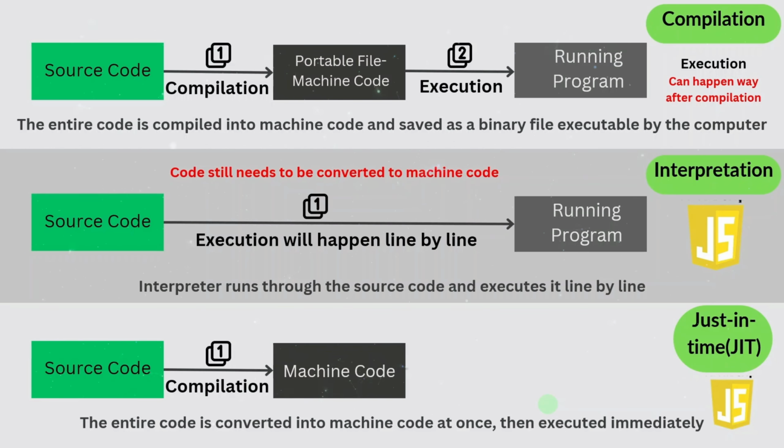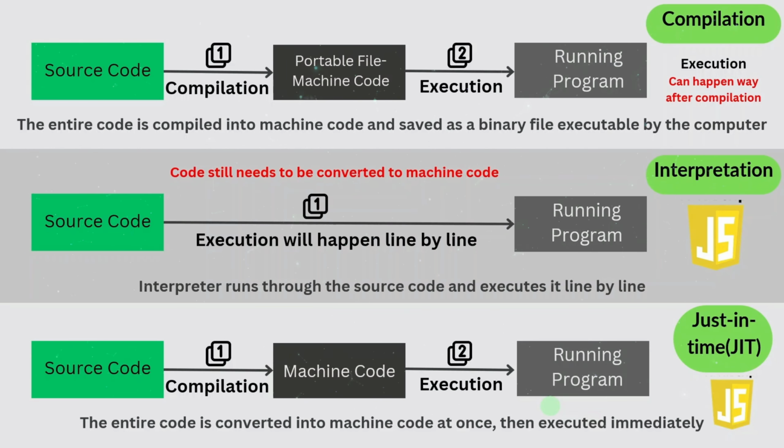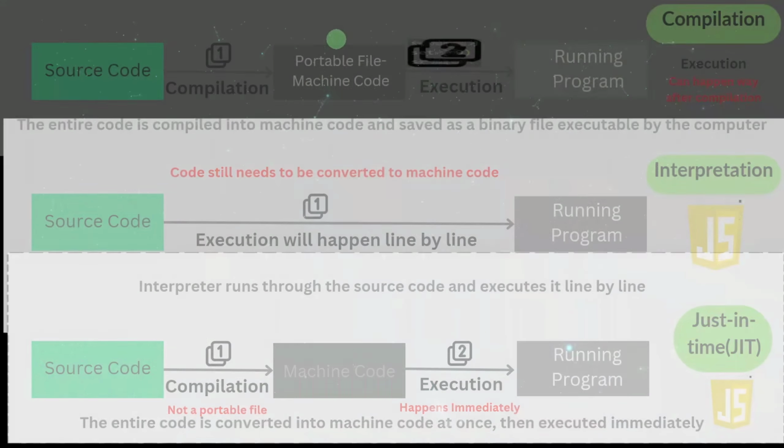In this also we have two steps, but here we do not have a portable file to execute, like we have in compilation. And here execution happens immediately after compilation is completed. And this JIT is perfect for JavaScript as it is very fast compared to interpretation, which will be executing the code line by line.